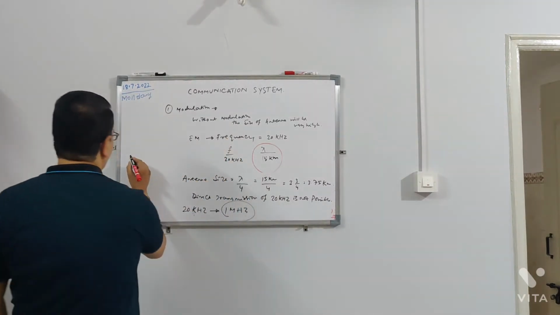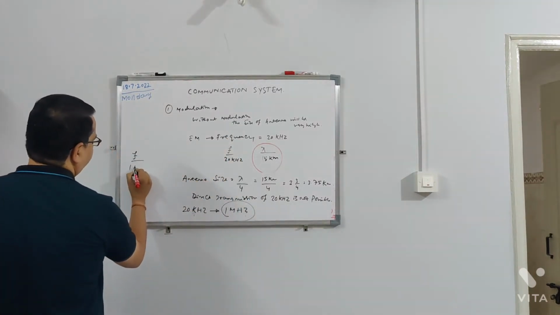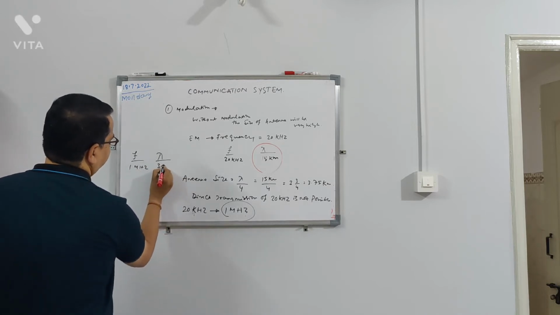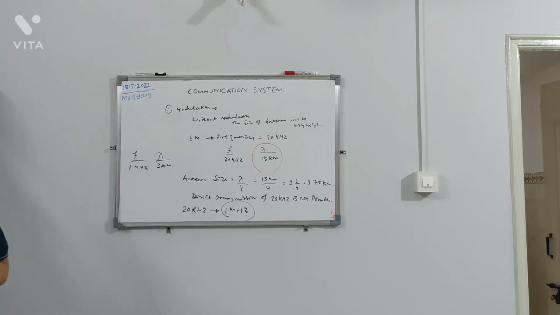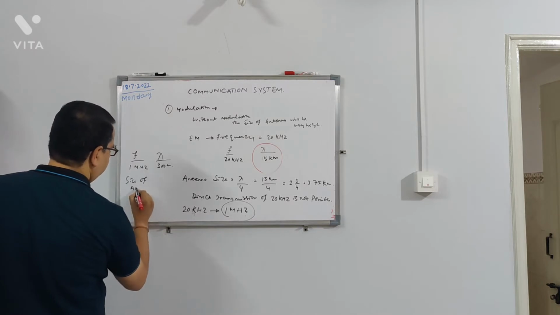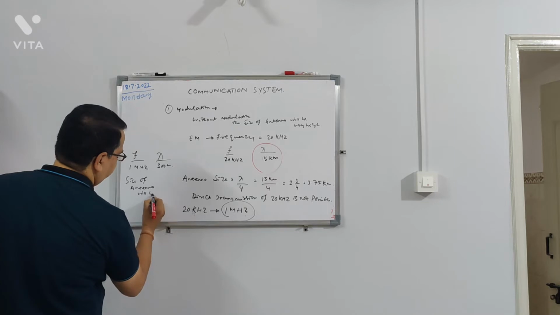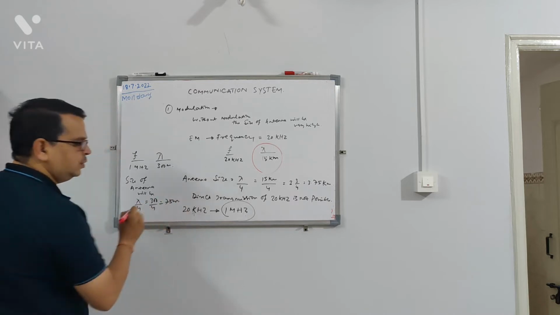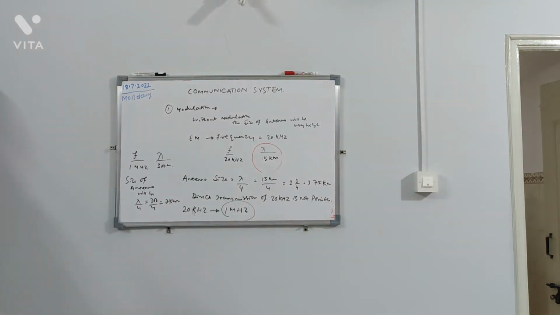Then the size of the antenna will be lambda by 4, which is 300 by 4, equal to 75 meter, which is possible, okay.